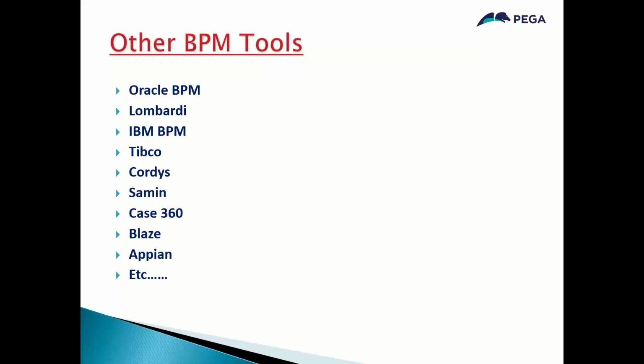But in the market as of now, there is no competition to this Pega technology. Even if you take any BPM or non-BPM category, competition wise, no technology is near to this Pega, because Pega is a more advanced technology in the market, in the development category. As of now there is no competition, and in the future, even if you take the next 20, 30, 50 years, nothing can come near to this technology.